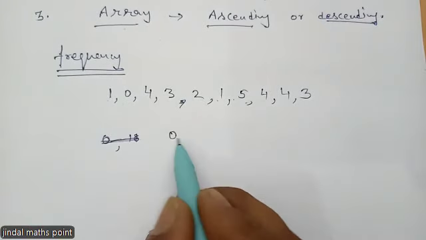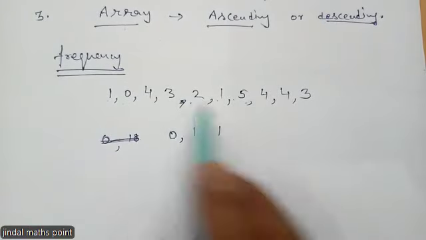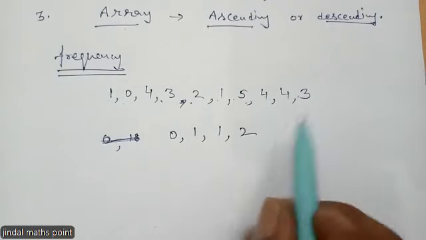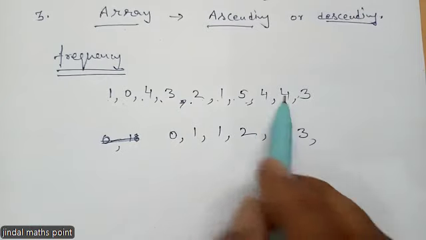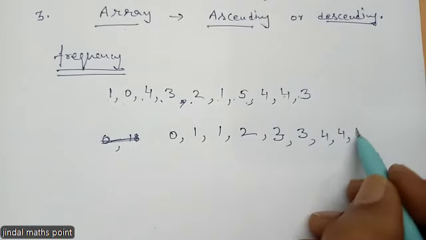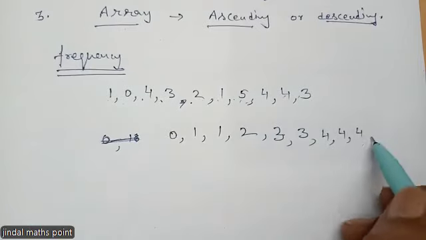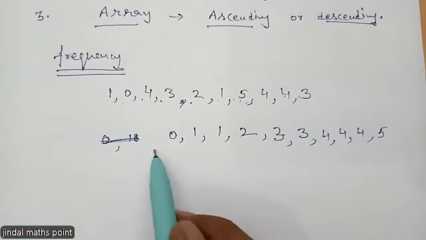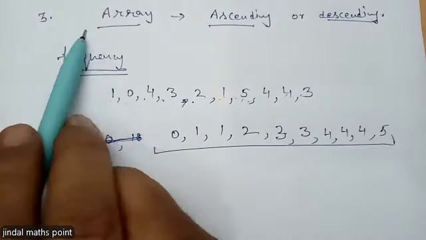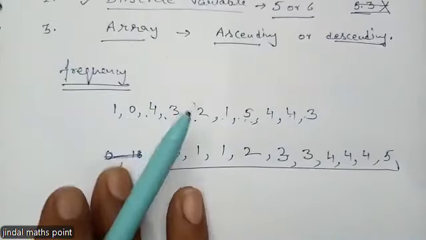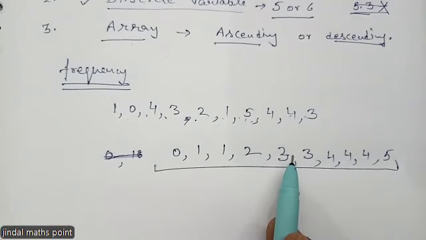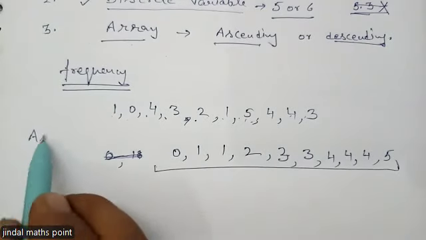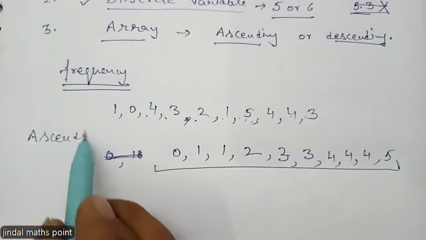Sorry, 0, 1 time. 2, 1 time. 3, 2 times. 4, 3 times. 5, 1 time. This is the arrangement, the array arrangement. I can take it in ascending order.